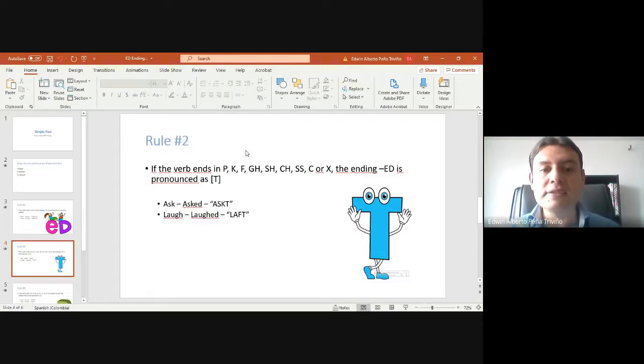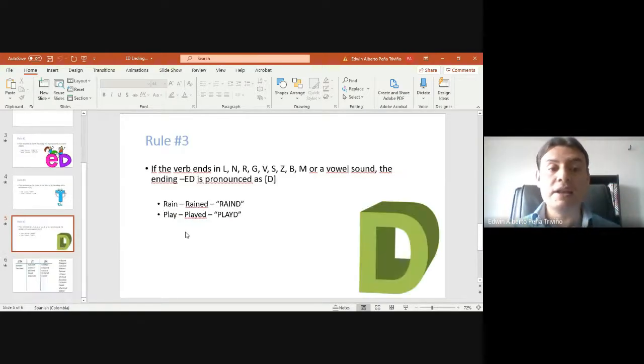Notice that in this case, the ed is pronounced as a T, the sound of the letter T. Another example is the verb ask. We're going to pronounce it asked. And the other verb is laugh. We're going to pronounce it laughed. So for all of these voiceless sounds, the ed in the past simple is going to be pronounced as a T. Asked, laughed.